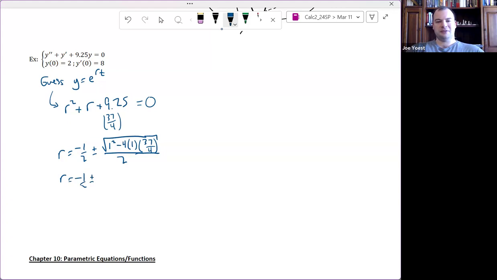So r is minus 1/2 plus or minus square root of 1 minus 37 over 2. Oh yeah, 1 minus 37 over 2. That's square root of negative 36. So that's i times square root of 36, which is 6, over 2. And after all of this, we get r equals negative 1/2 plus or minus 3i.